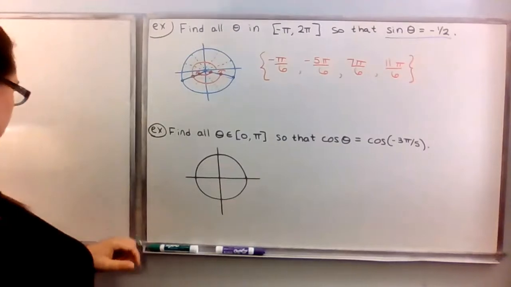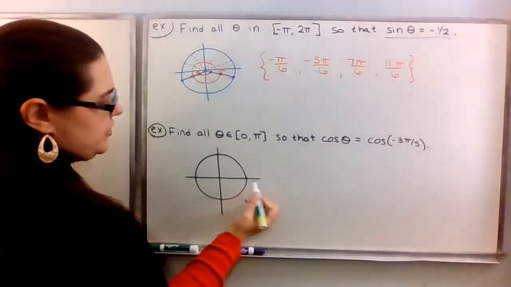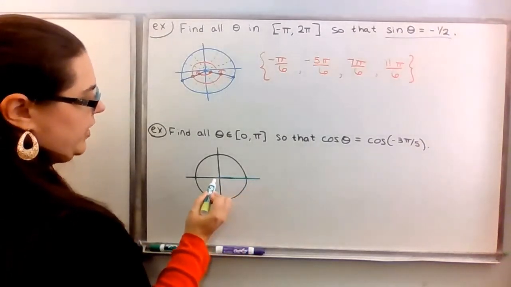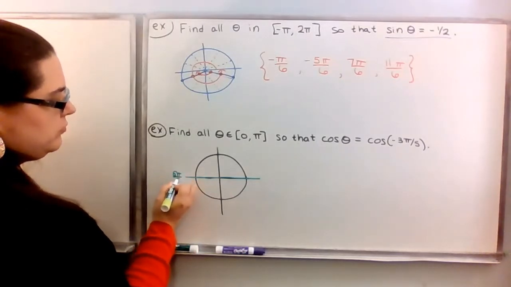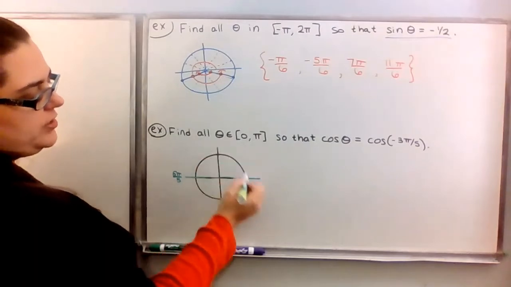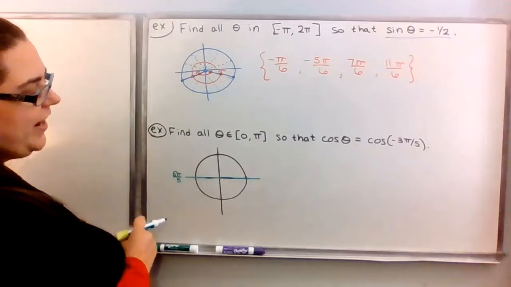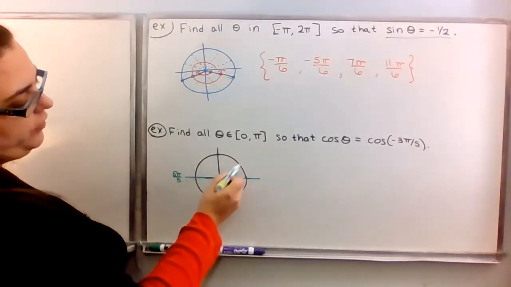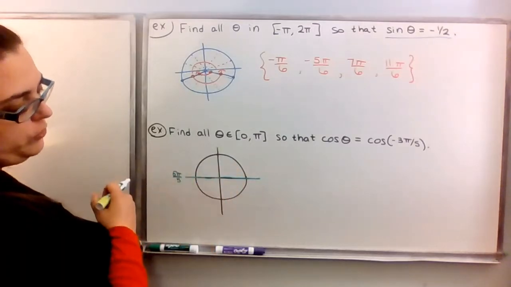So I'm going to draw these, I think, in green to start out. So here we have 0 pi over 5. And then here we have 5 pi over 5. So what I need to do is divide this top circle into fifths. And I know that this is 2.5. So I know that 1/5 and 2/5 will be over here, and then 3/5 and 4/5 will be over there.